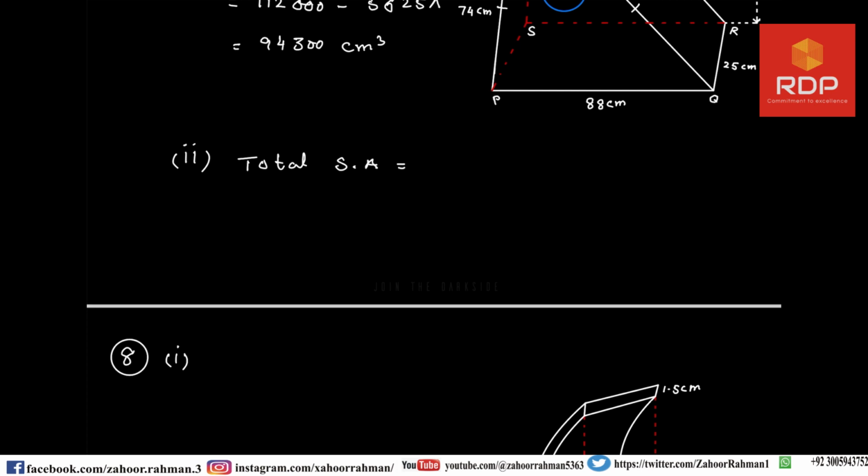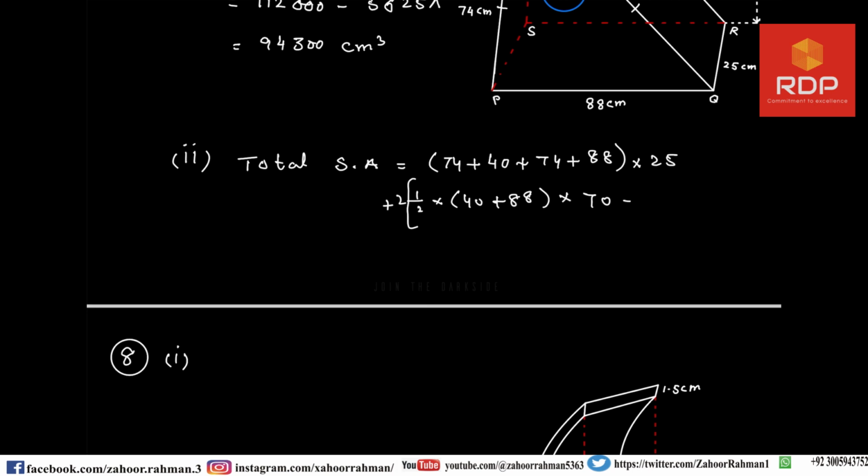From the second part we have to find the total surface area, and that will be equal to 74 plus 40 plus 74 plus 88, and then multiplied by 25, plus 1 over 2 into 40 plus 88 multiplied by 70, and because there are two surfaces we multiply by 2, minus pi r square, and that is 15, of that hole.